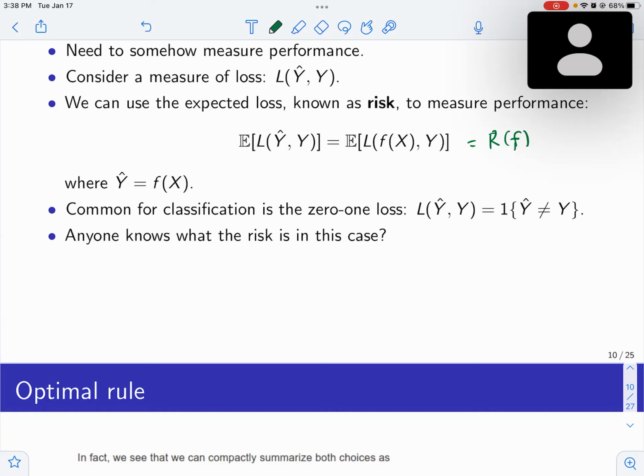For this loss, it turned out to be R of f, the expectation of the indicator that y hat is not equal to y. This turns out to be the probability that y hat is not equal to y, the classification error rate.